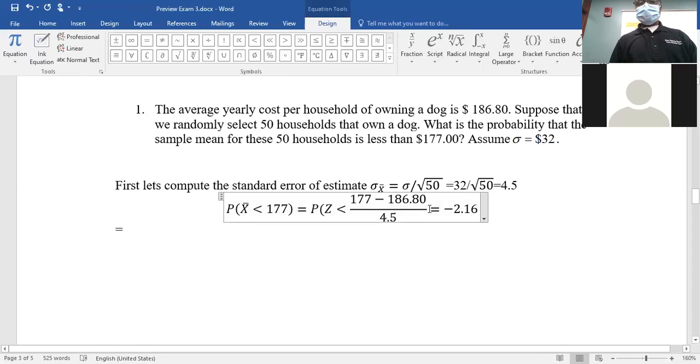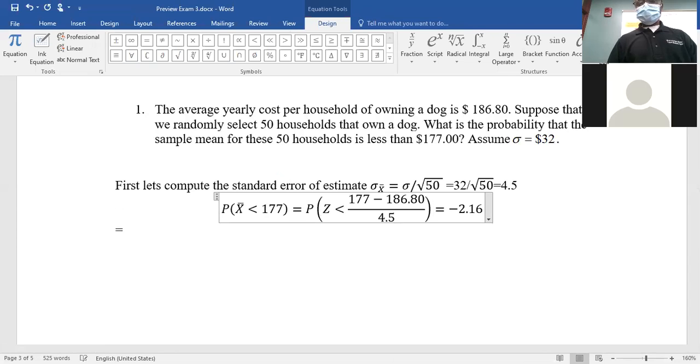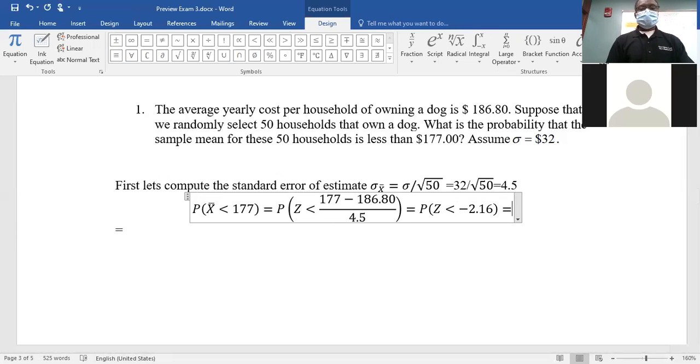We read the table for negative 2.16, 0.0146. So let's just put 0.015.